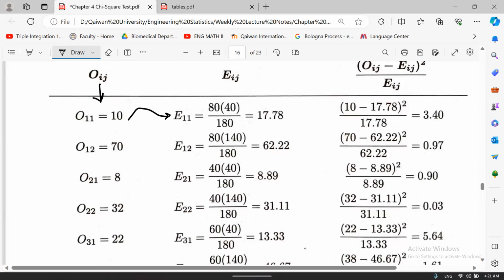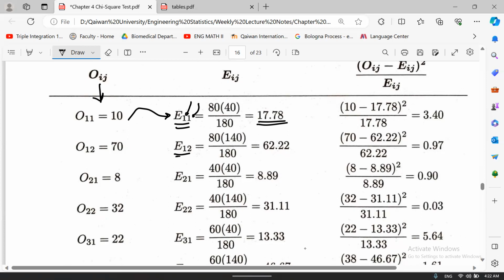For E11, E11 is N1 dot times N dot 1, as both indices are 1. It's 1, 1, meaning the row number and the column number are both 1. It's N1 dot times N dot 1, divided by N double dot, which gives 17.78.